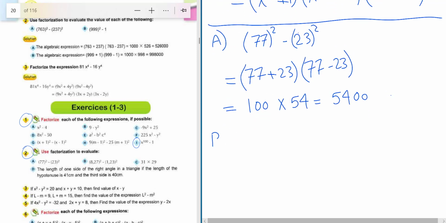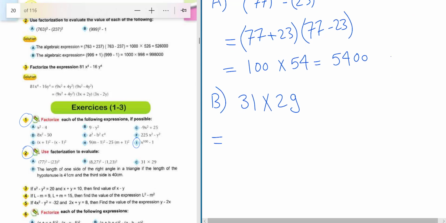Another one. 31 times 29. 31 and 29 have a common number between them. 31 is the sum of 30 plus 1, and 29 is the difference between 30 and 1.